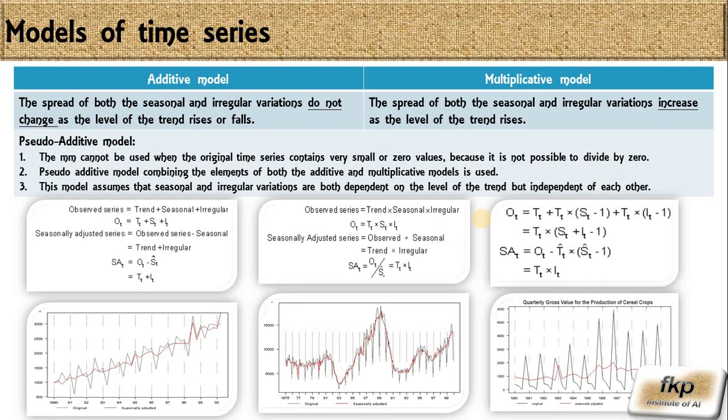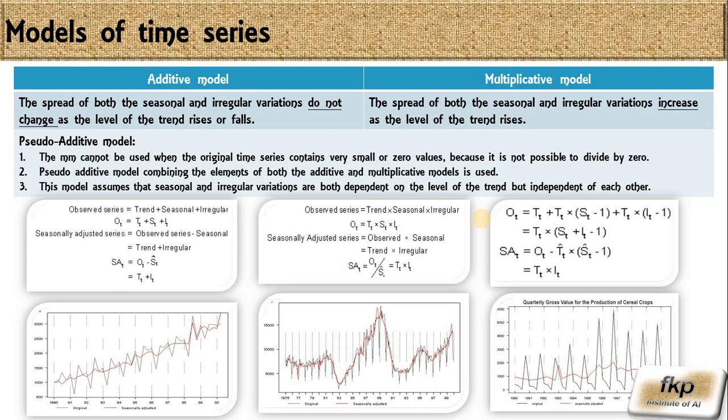I'm going to introduce two words that we will frequently use throughout the coming sessions. Those are models of time series: the additive model and the multiplicative model. How can I say my time series is an additive model?